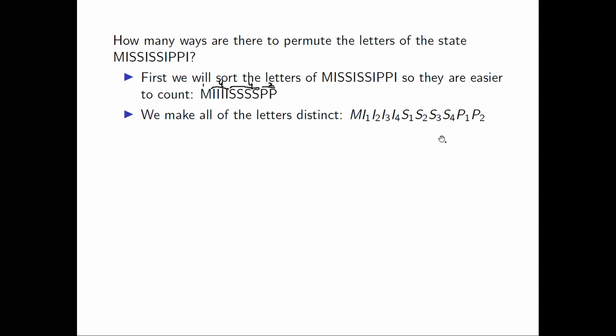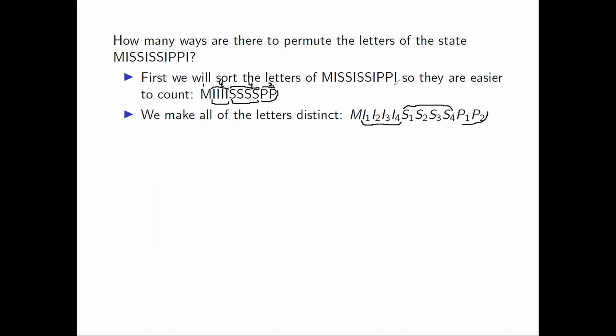The way we do that is we rename the I's into I1, I2, I3, and I4. Same with the S's there. I turn them into S1, S2, S3, and S4. And these P's right here, I turn those into P1 and P2.